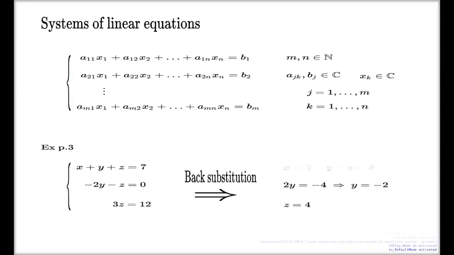Then you again back substitute z and y into the first equation, and that will give you the chance to find x, which will be 5. So if you have a system in triangular form, back substitution is an elementary step which gives you the solution straight away. The Gaussian elimination method is the general algorithm which gives you 100% success converting any system of linear equations into the triangular form, which you then will be able to back substitute.